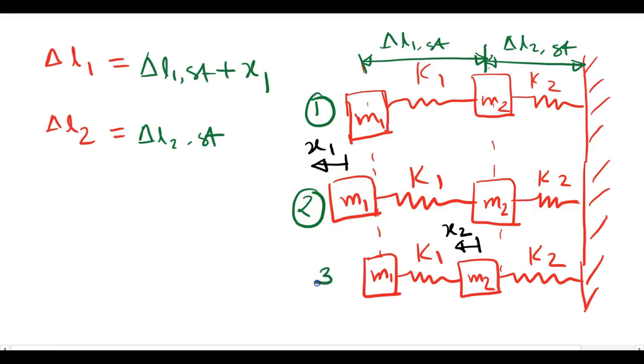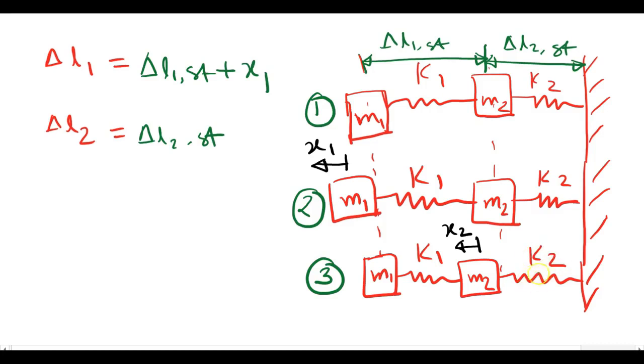Now our third case, where we consider that M1 stays at its position while M2 moves to the left side at a displacement x2. Now we want to see what's the effect on the two springs.